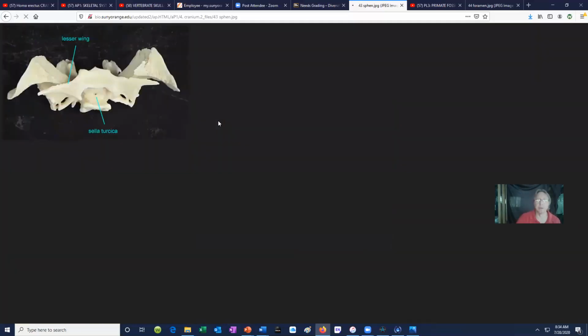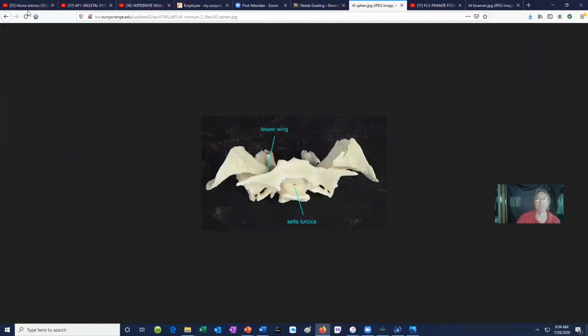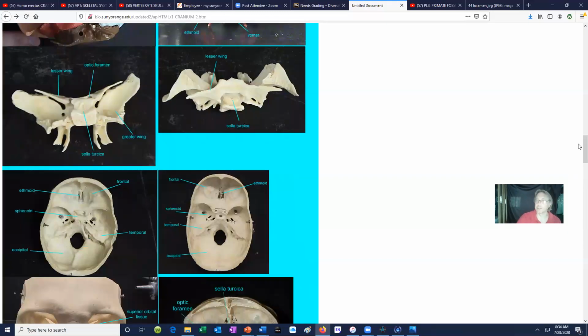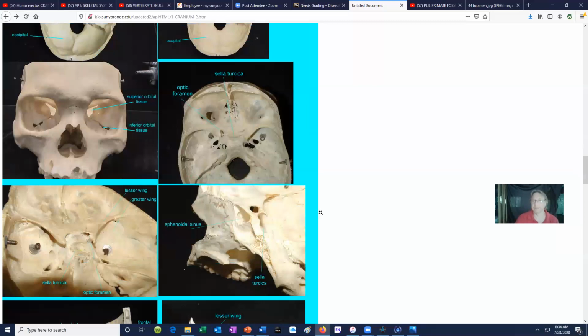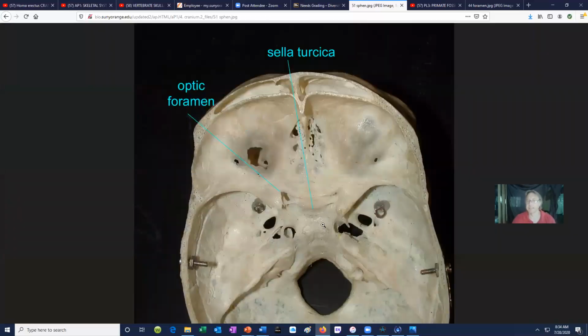There is a little pocket known as the sella turcica, or Turkish saddle. This is kind of right in the center of the internal base of the skull. And this is an important region because, one, this is where the pituitary gland sits, and the hypothalamus is right over that. But then also the optic foramen, there are two of them, optic foramina going out to the eyes, where the optic nerve brings in visual information.